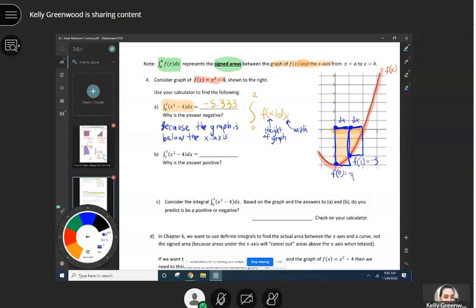Okay, but then if we switch gears over here, if I look now between 2 and 3, so if I pick back up at 2 and I go to 3 and I look at the graph and the x-axis, see how that is above the x-axis now? So I'd expect this answer to come out to be positive because it's above the x-axis.